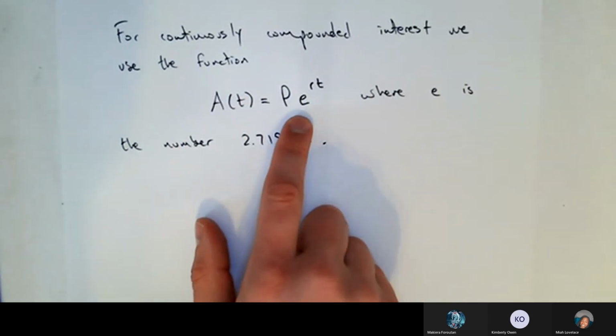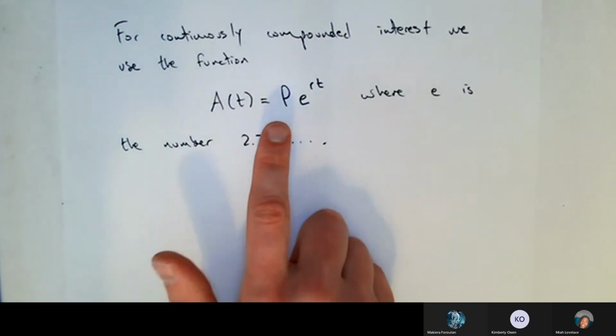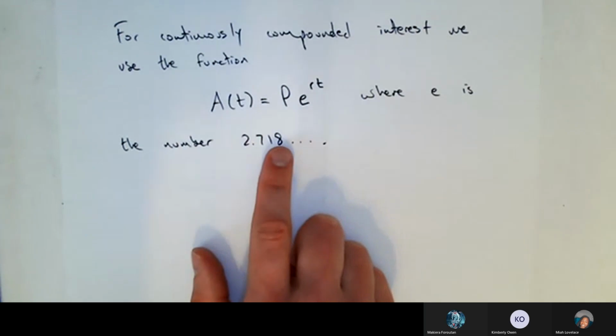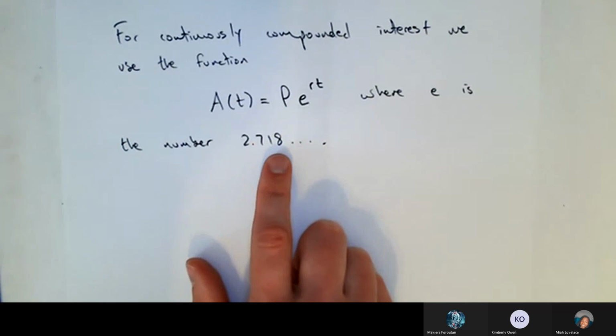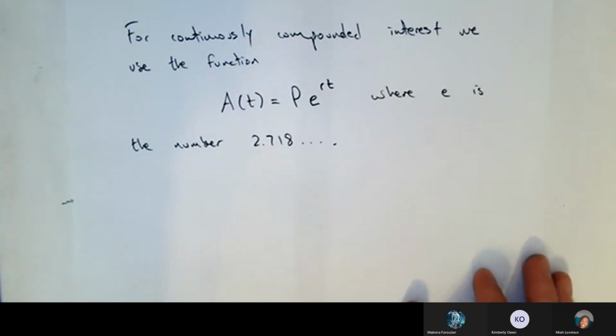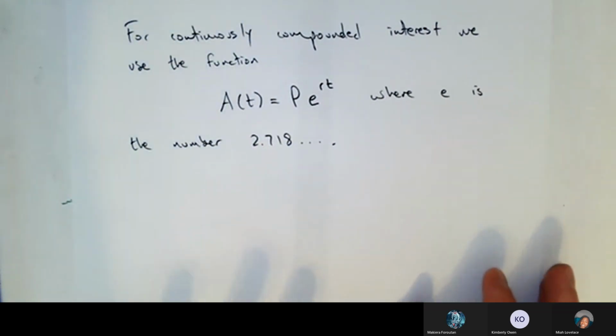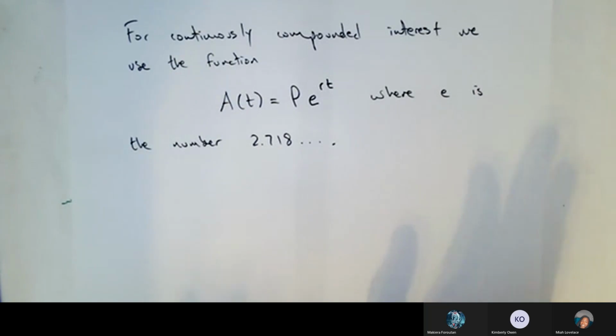The general functions with base e, like e to the x, might be the most popular function in math because you can do all sorts of stuff with it. You can differentiate it, integrate it. You can do all sorts of crazy stuff to it, and it acts very nicely. So there's a reason it's so popular.